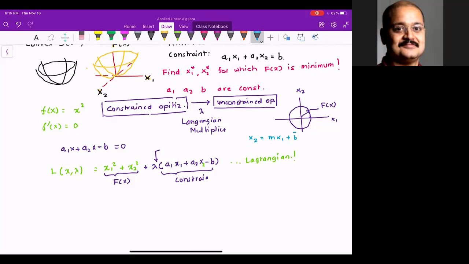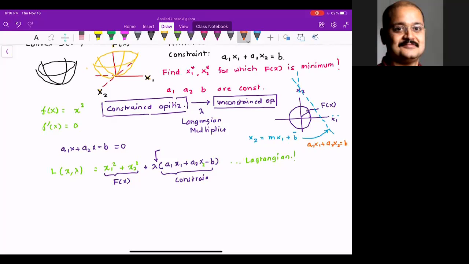This equation represents an equation of a line. Now what that means is I can draw this line. So this line I'm going to draw. And this is the line that is given as a1 x1 plus a2 x2 is equal to b. This is the line, right?